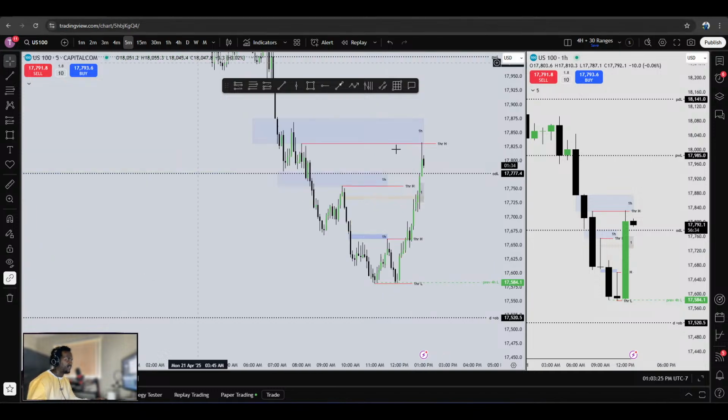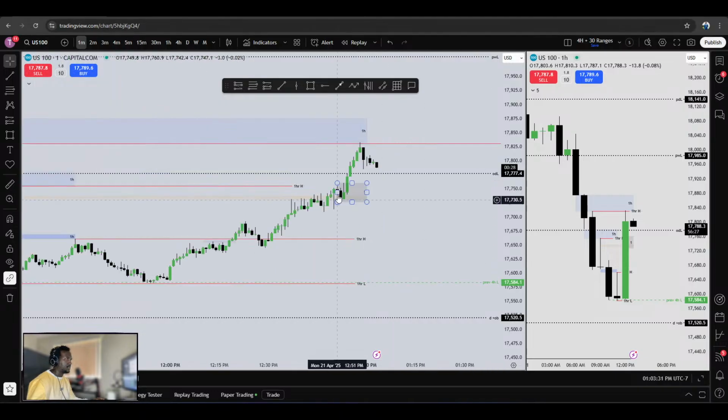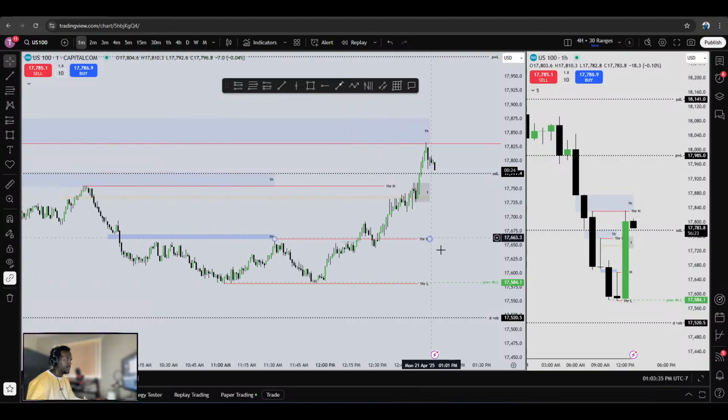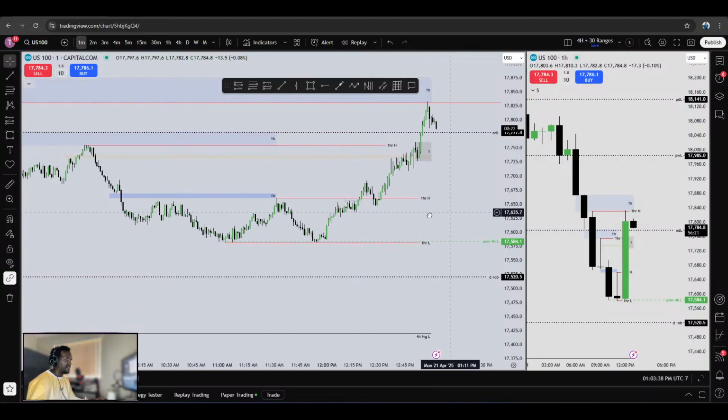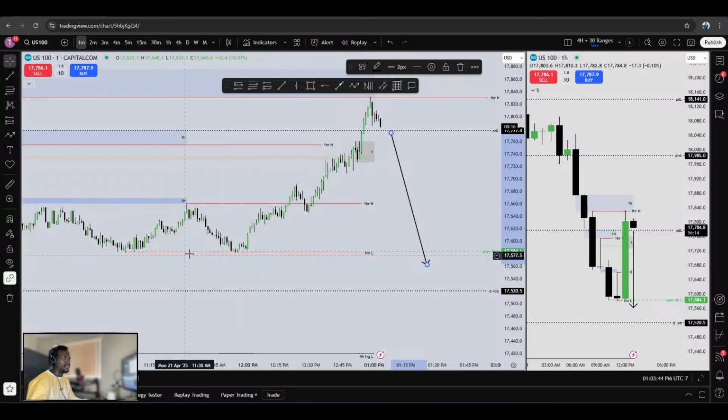I'll just wait for a 5 minute order block confirmation when the market opens, and then I'll look for a down candle before it went up. If we break below, then we do have these levels here, and I'm thinking that price is gonna come here. I think that's gonna happen during Asia.